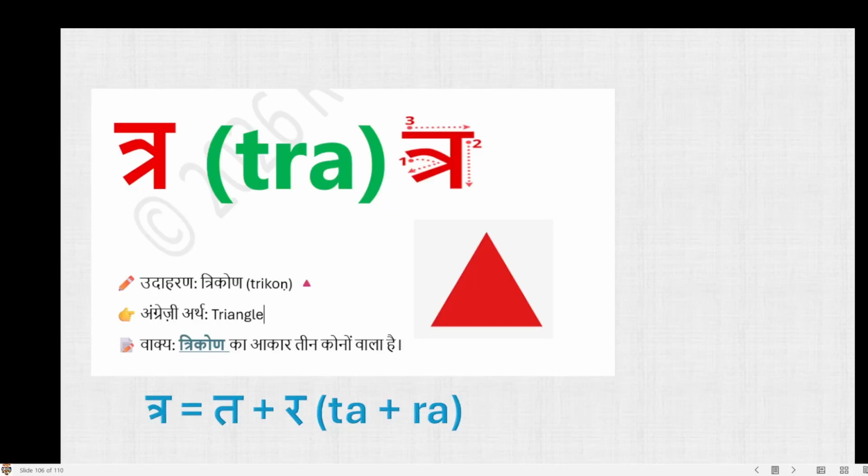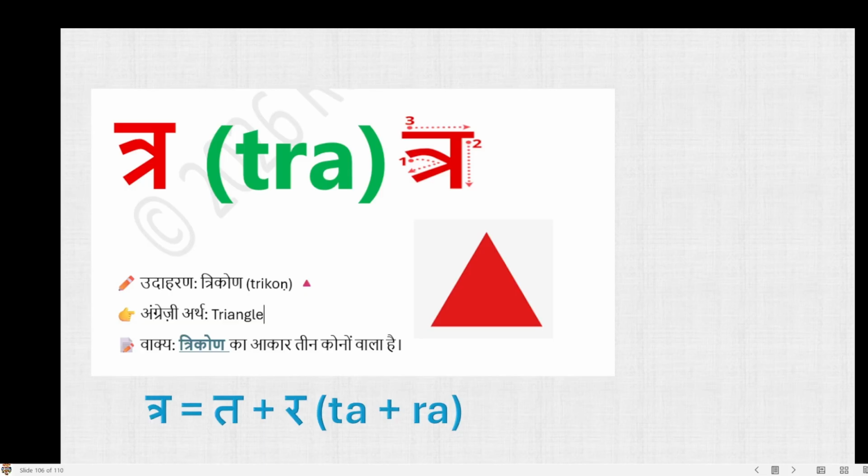The next letter is Tra. It is derived by adding the letters Tha and Ra. The tongue quickly moves from Tha to Ra to make the smooth sound Thra. The sound of Thra is pronounced as Thra, like the Thra in the word triangle. Let us see an example.